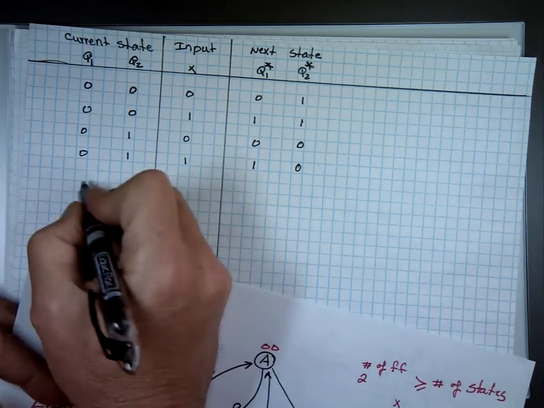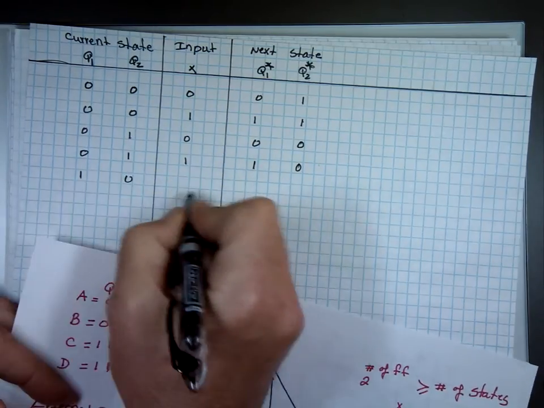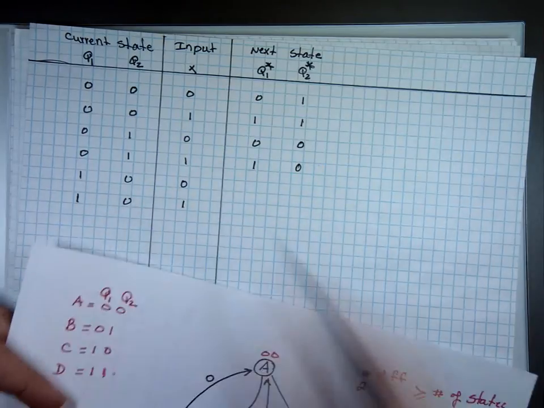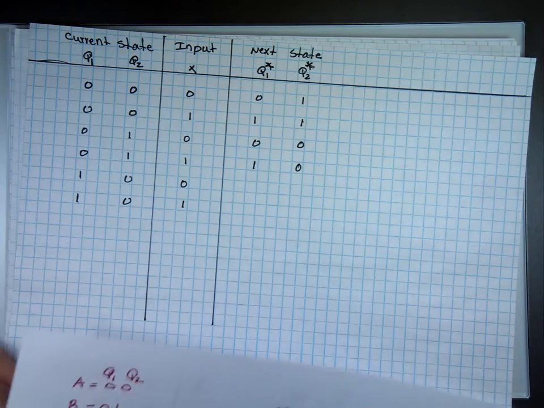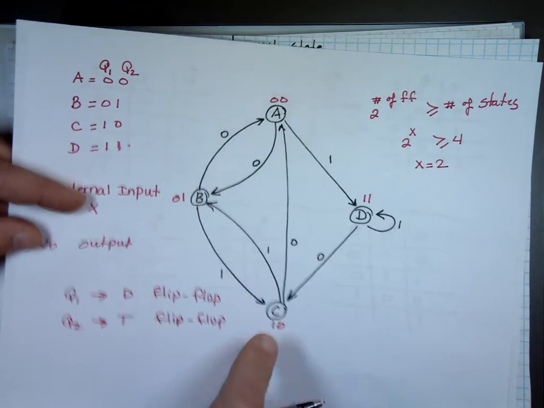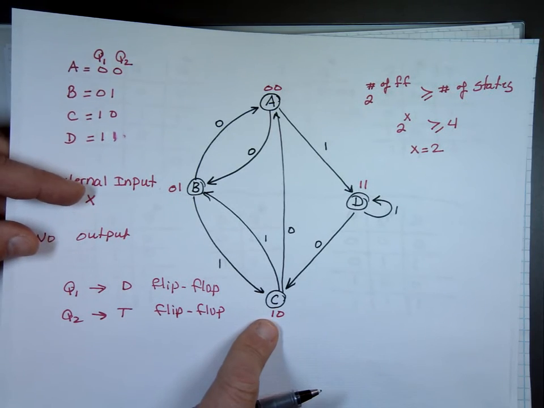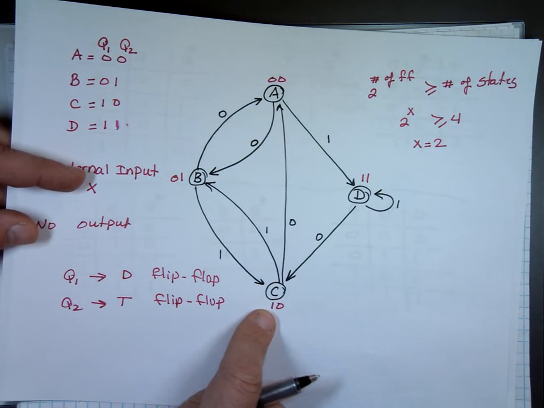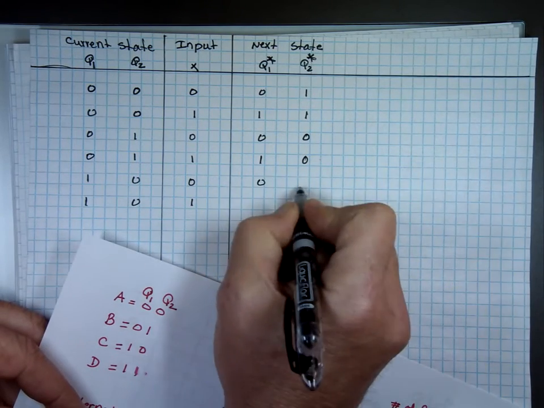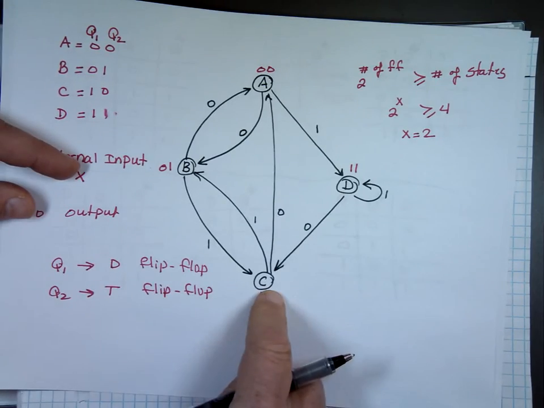Next, state 1, 0, my input is 0, and 1, 0, my input is 1. If it's 0, we go to 0, 0. If it's 1, we go to 0, 1.